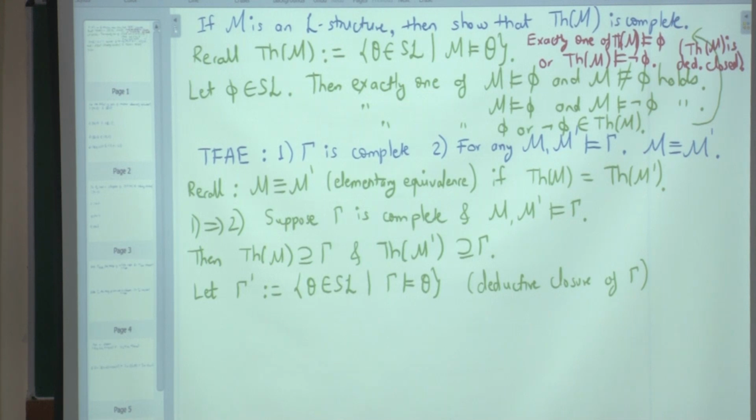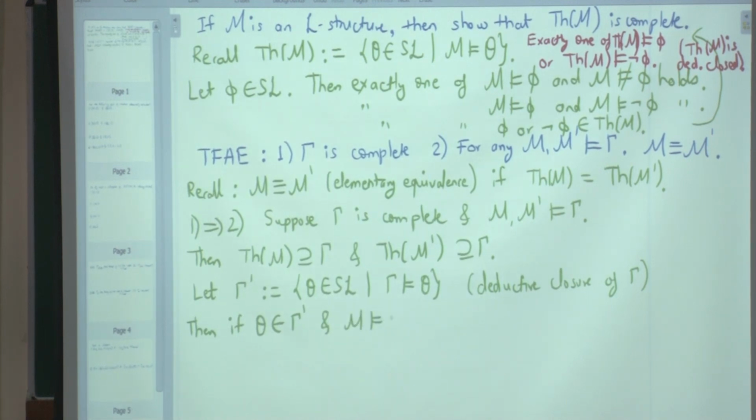Okay, so what can you say about theory of M and gamma prime? Then if theta belongs to gamma prime and M is a model of gamma, then what can you say?